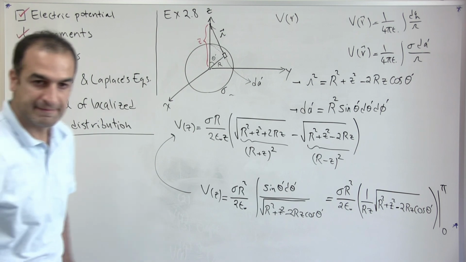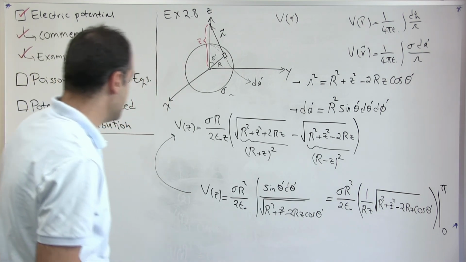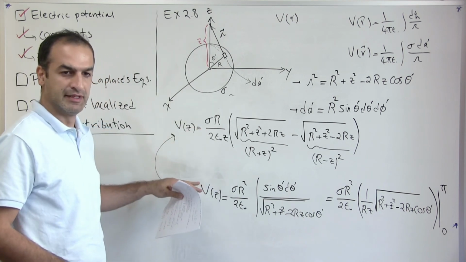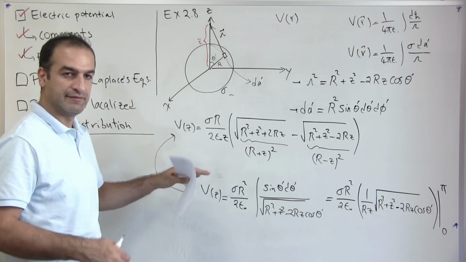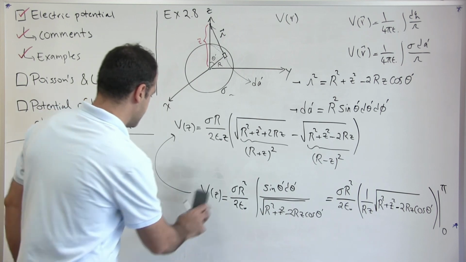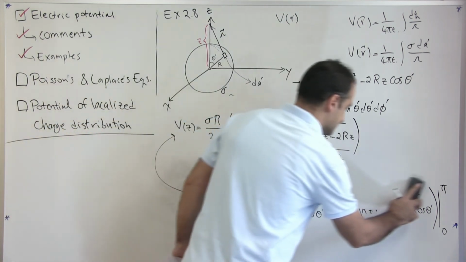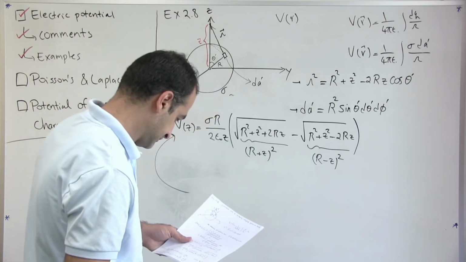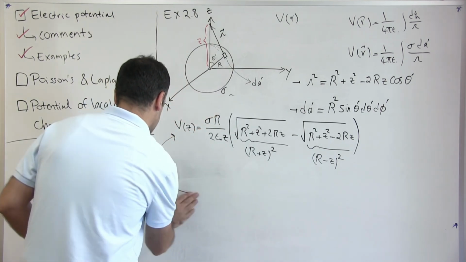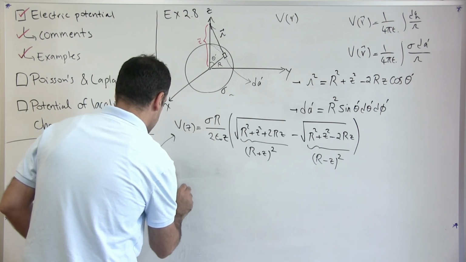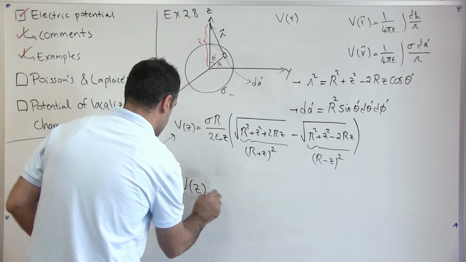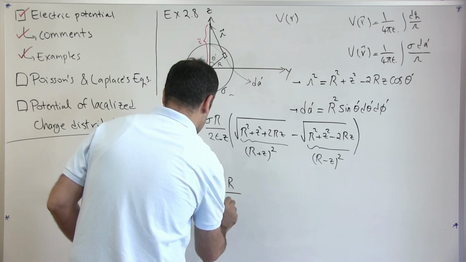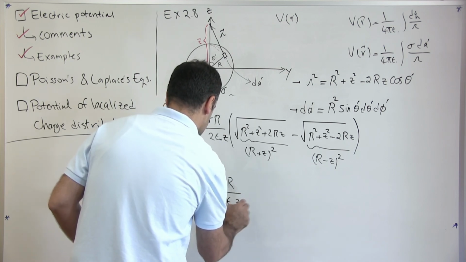Looks good? I'm almost out of time. I'm going to do one more step, and then we're going to leave the discussion on the result of this to next Tuesday. So I'm going to get rid of this now. Continue here that V of z is sigma r over 2 epsilon 0 z.